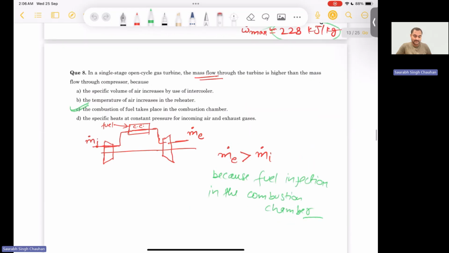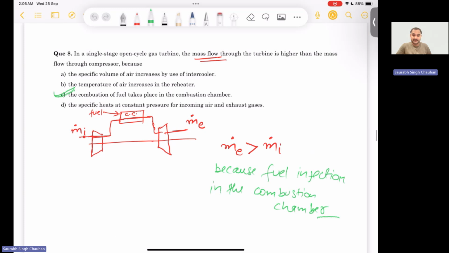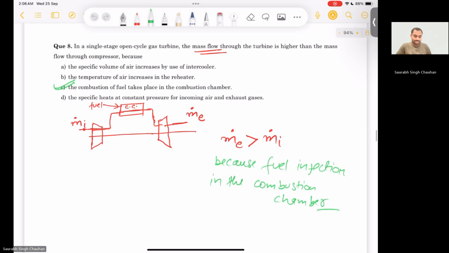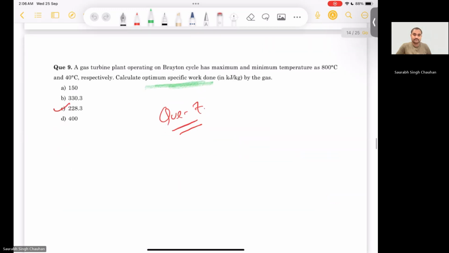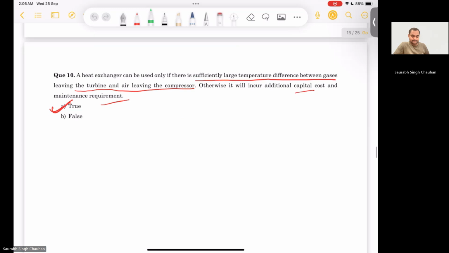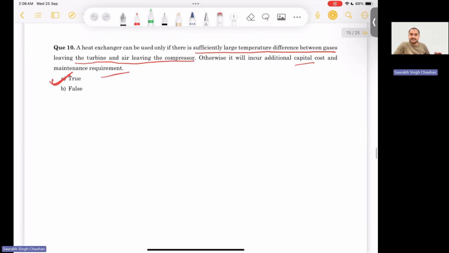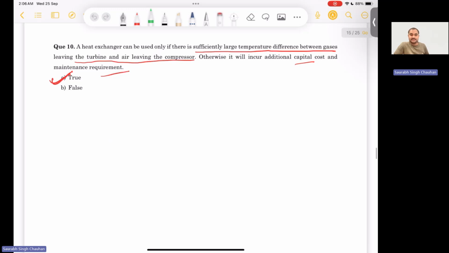We discussed one important thing, that intercooler and reheat arrangements increase the total work output, but they can result in a drop in efficiency. And we also discussed that a heat exchanger and any additional component should be used only when it justifies its additional capital cost and maintenance requirements.